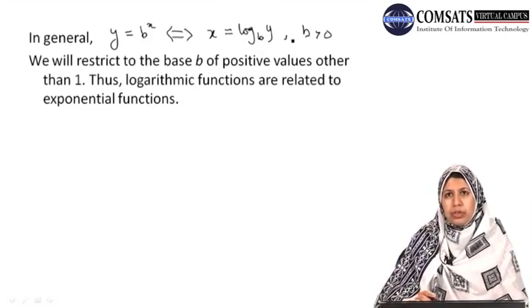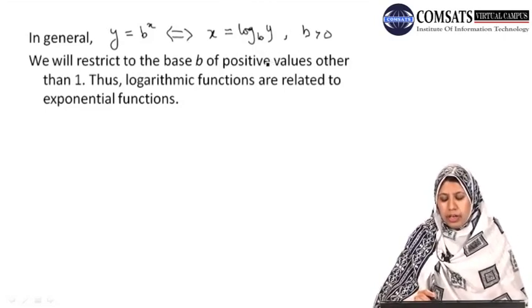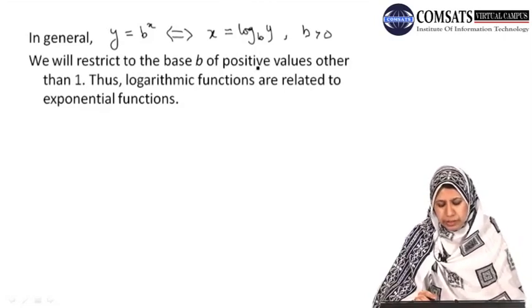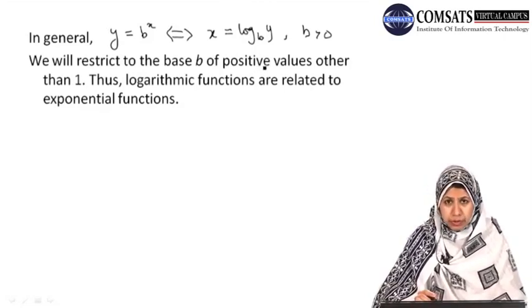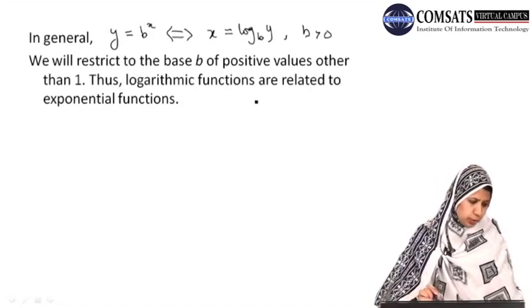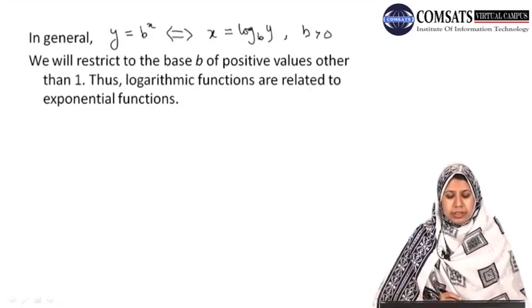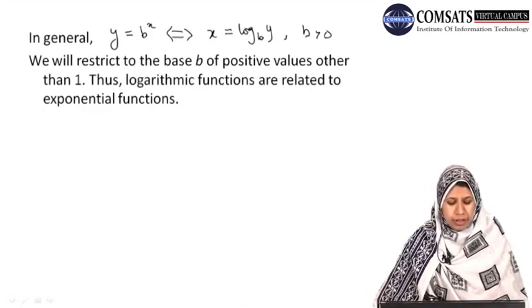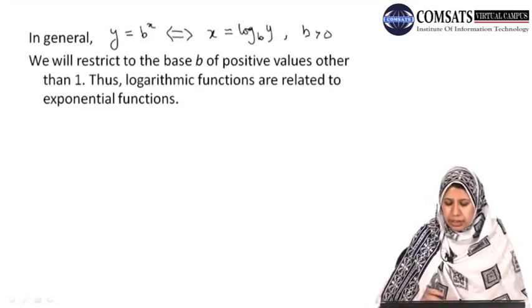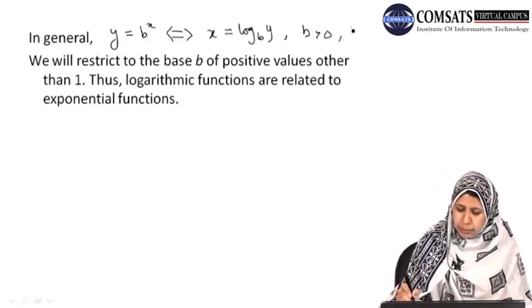And we have a condition here on the base: the base b should be positive, strictly greater than 0. We are restricting ourselves to positive values of the base b, and the second condition is that the base should be different from 1.